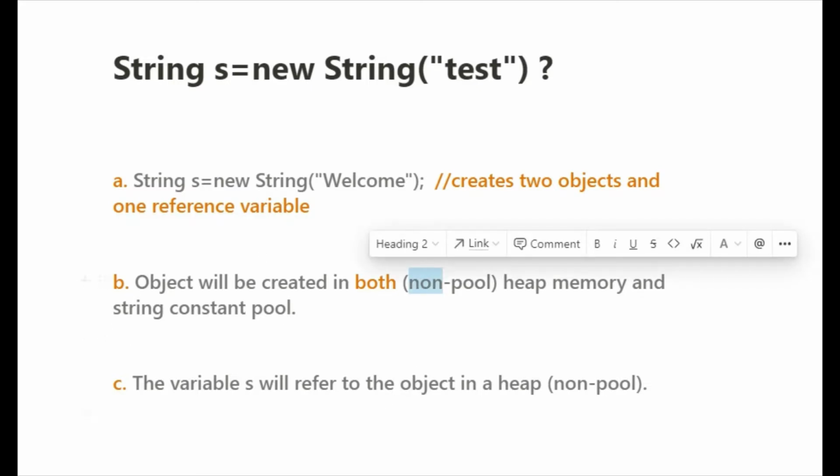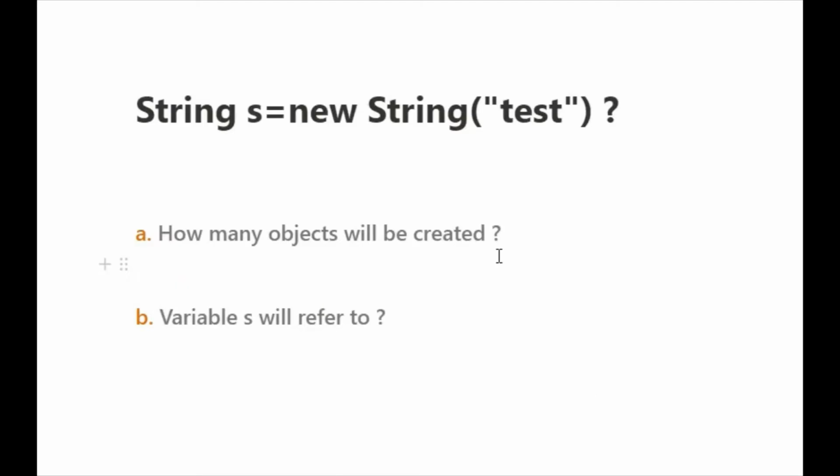Now let's come back to this question. Now we have clarity that we can create a string using two ways: one is using the new keyword, one is simply with a string literal. And we have clarity on where it is getting stored and how many objects are created. So now we have the answer to all the sub questions. How many objects will be created when you are creating a string using the new keyword?